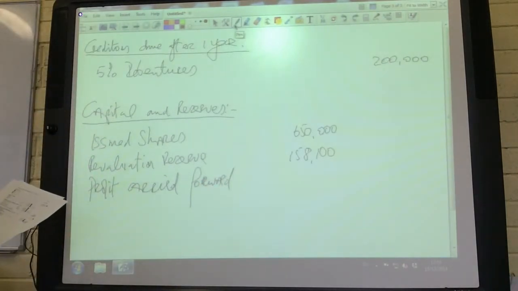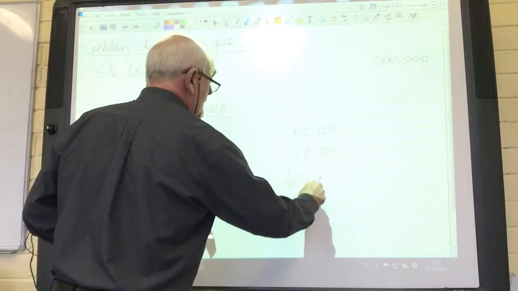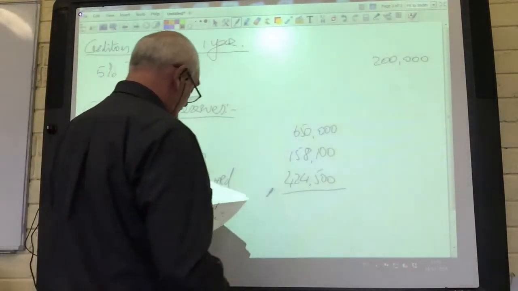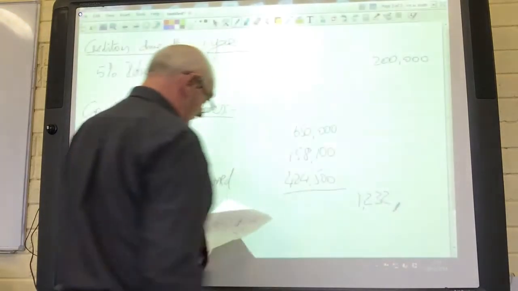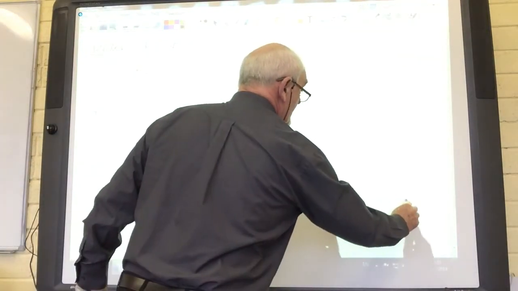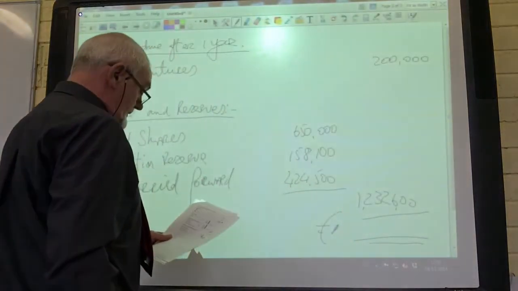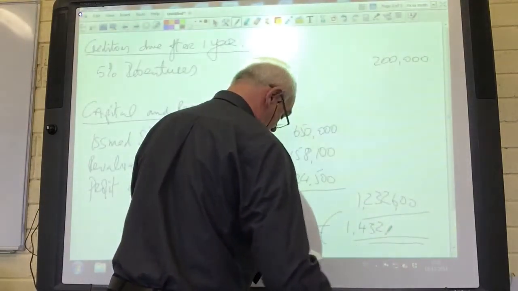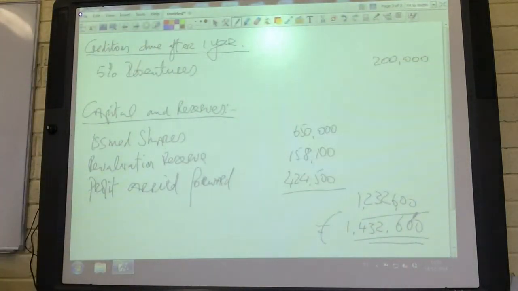Our profit carried forward is 424,500. So our total there is 1,232,600 for the capital and reserves. And the total for that side of the balance sheet then amounts to 1,432,600. With no name on it. We would normally be calling that capital employed, but it's not required in published accounts.